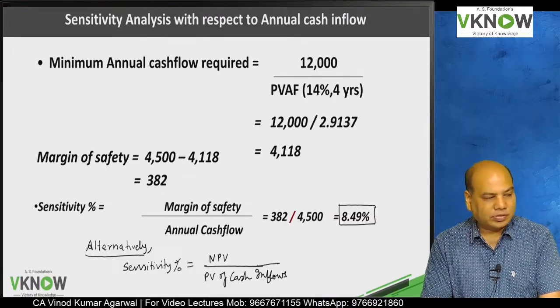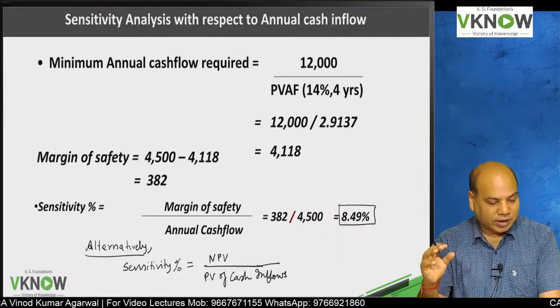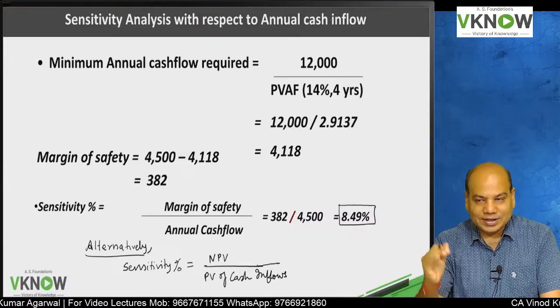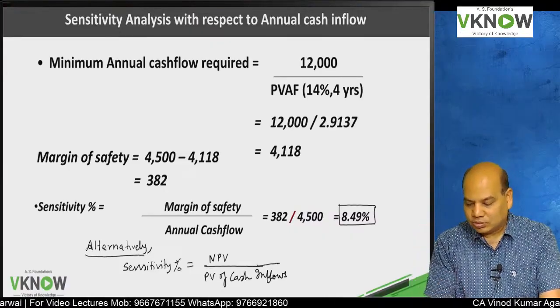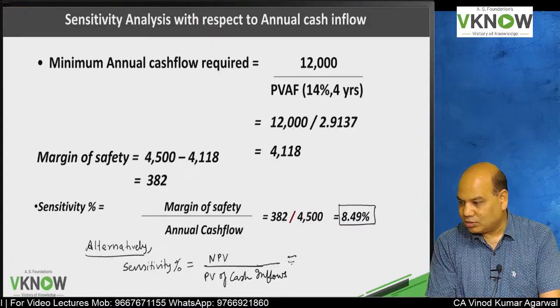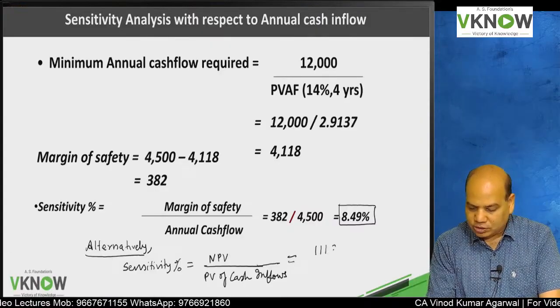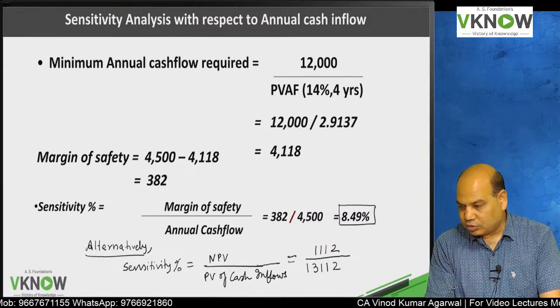NPV is my margin of safety, remember, because to the extent we have positive NPV in the original question, to that extent I have margin of safety. I can let it go down. What was NPV in the original question? NPV was 1112 and PV of cash inflow was 13,112.